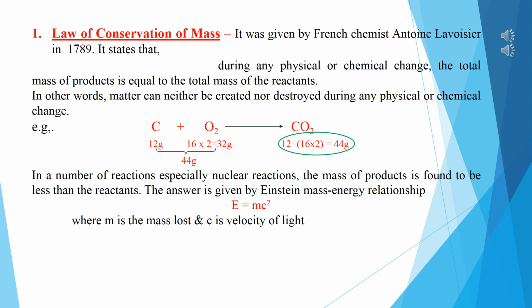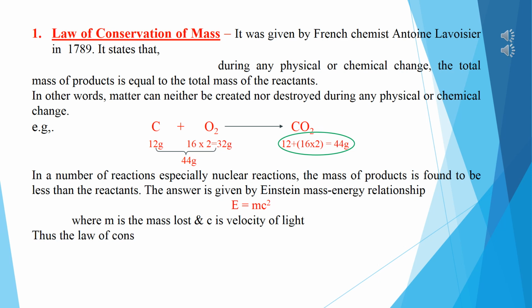So here, in case of nuclear reactions, some of the mass is converted into energy. That is why the mass of products is found to be less than that of reactants.